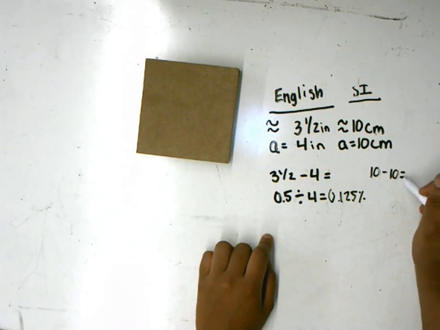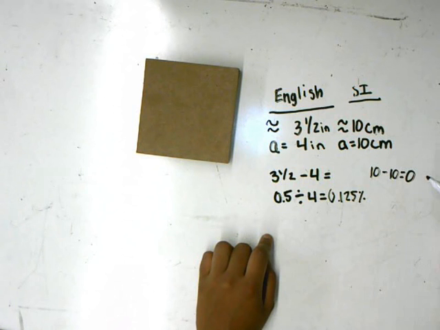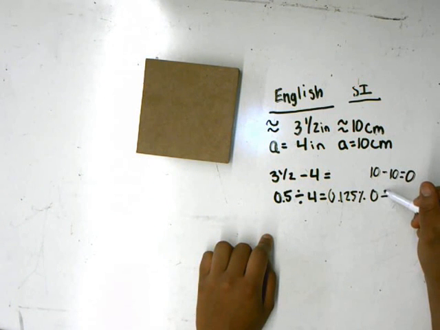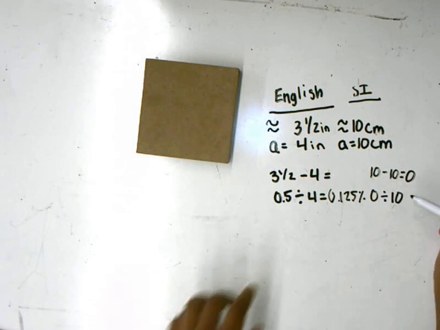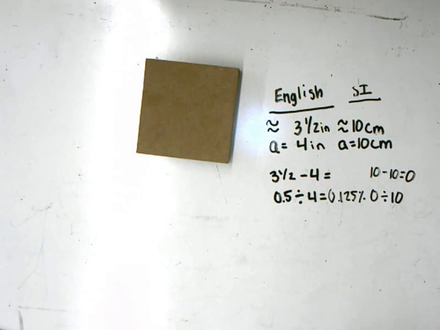Now I'm going to take 0 and I'm going to divide that by the actual of 10, and hopefully we all know that that's going to equal 0. Therefore, for my SI unit, my uncertainty percentage was 0% because I was right on the dot with my estimated, and my actual was the same as my estimated.